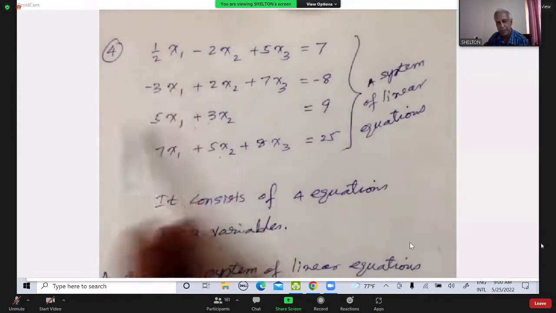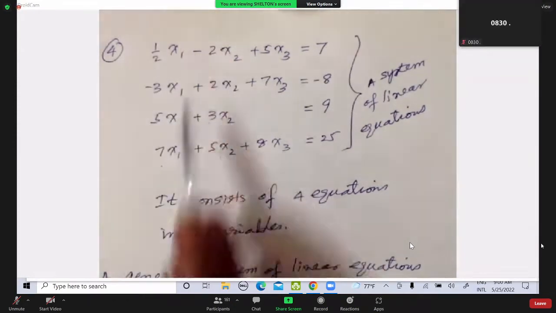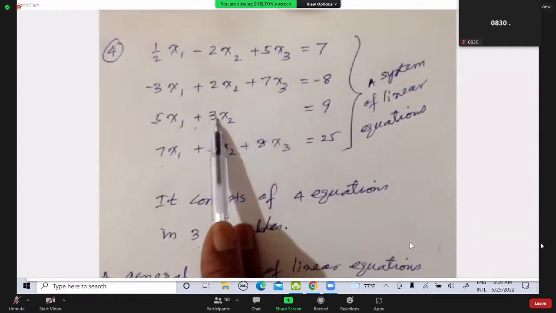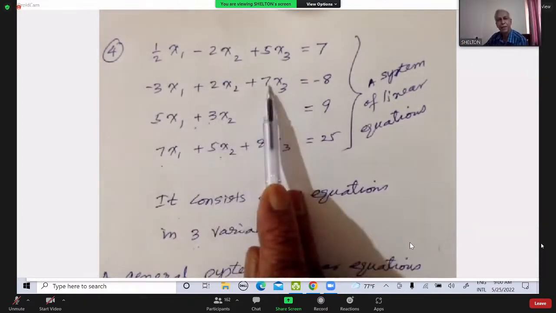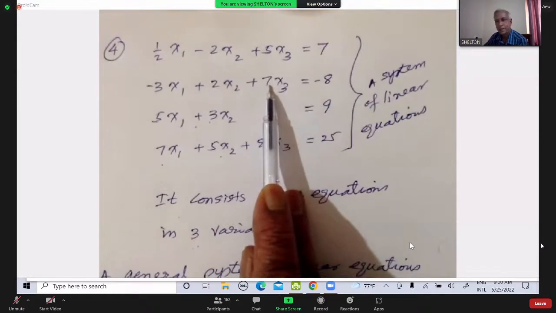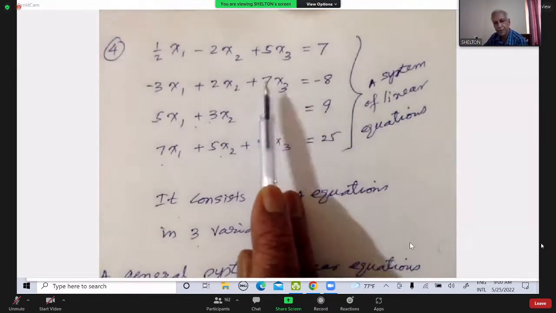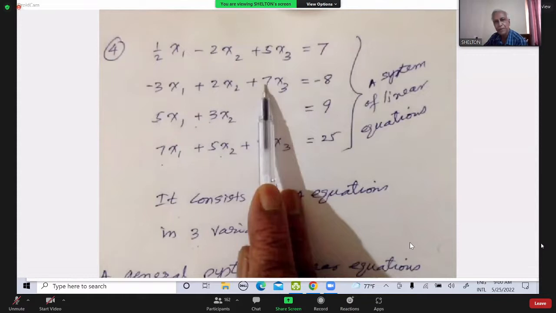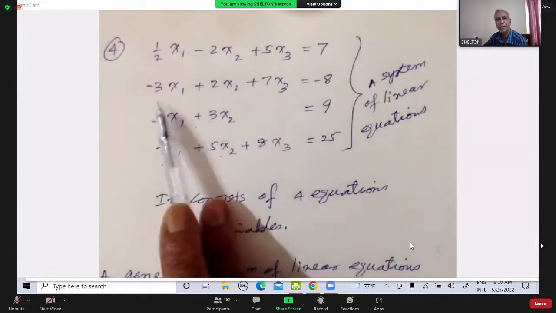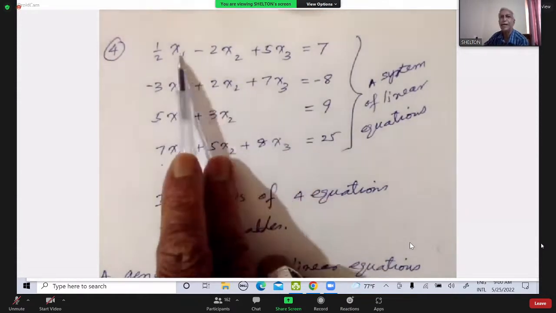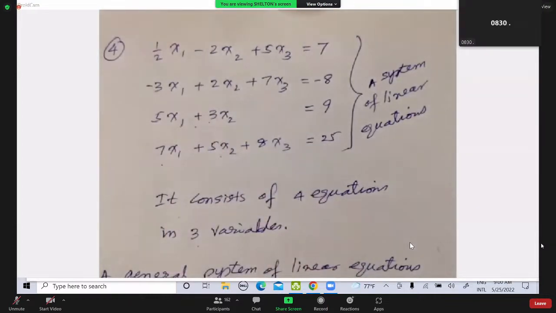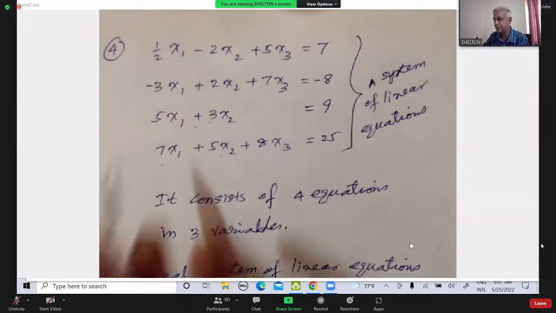Third equation and second coefficient. And what is this coefficient 7? It is the third coefficient of the second equation. So we must now invent a notation to describe these mn numbers, these 12 numbers.